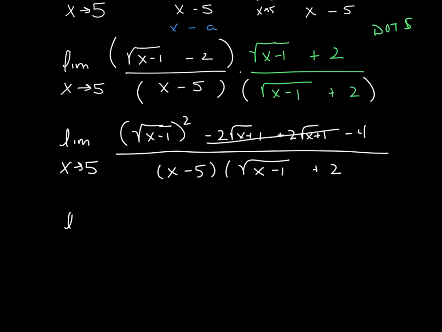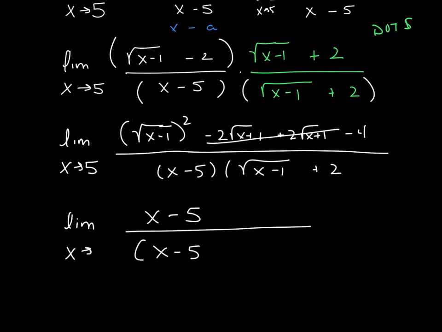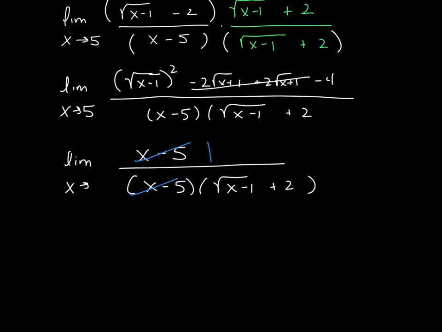Now, when simplified, that goes directly to x minus 1 minus 4 in the numerator. Now, I change that, that becomes x minus 5. And now I can go ahead and cancel that x minus 5 out. It reduces to equal 1 over the square root of x minus 1 plus 2. And now I have the limit as x approaches 5.